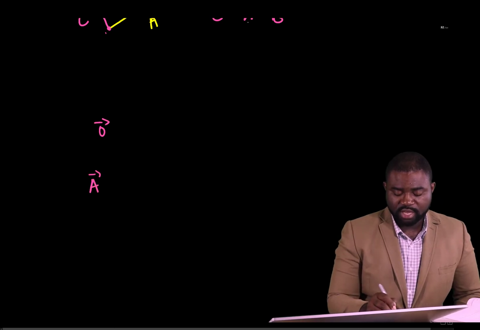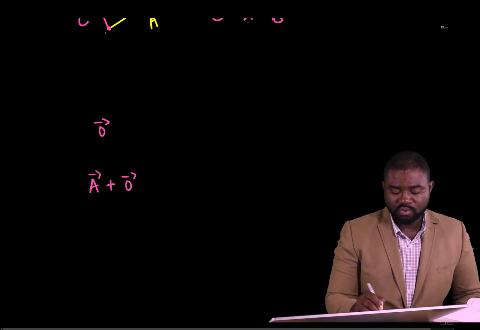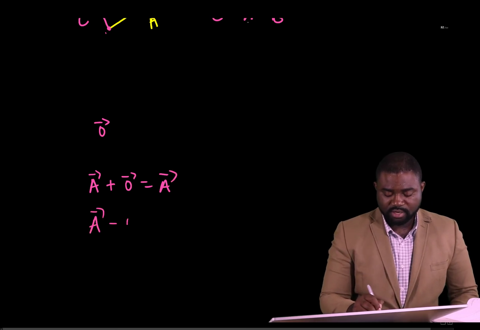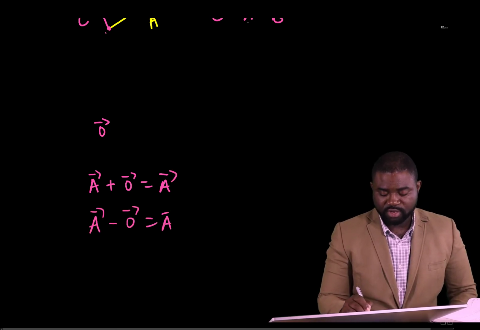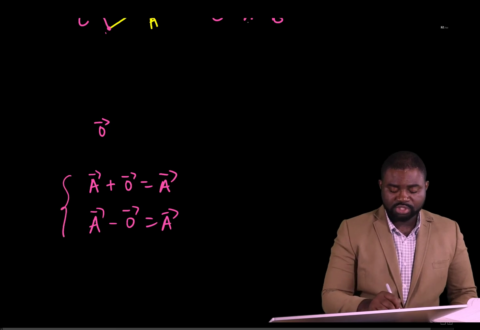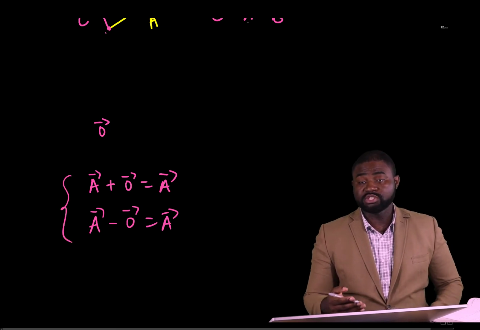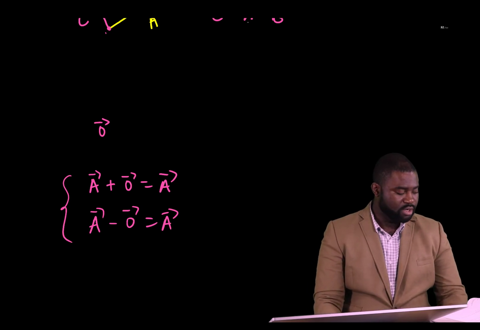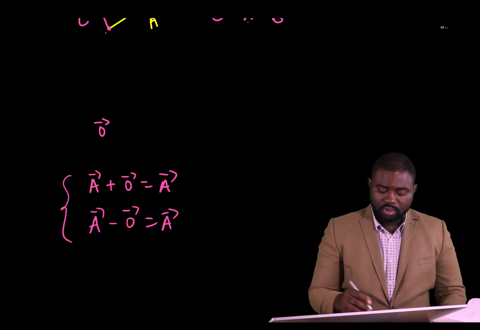And that vector is just O. Vector A plus vector O is just vector A. Vector A minus vector O is just vector A. When we add or subtract that vector from any vector, it doesn't change anything. We call that vector the identity vector.